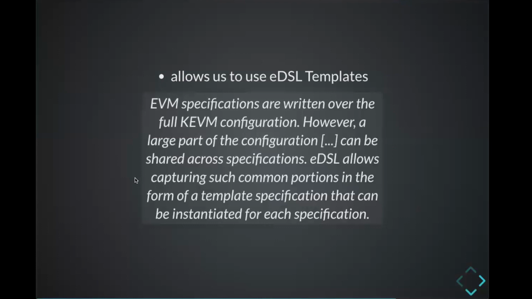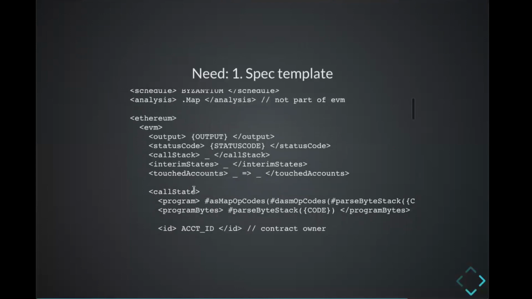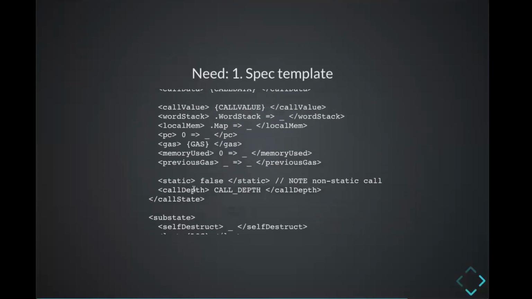So to use K, we, number 1, need a spec template, which will be a K file. And here's an example of the spec template for GNO ERC20, for the GNO token. The spec template is composed of 3 things. Rules that are the same across all the different specifications, i.e. all the different functions and all their cases.